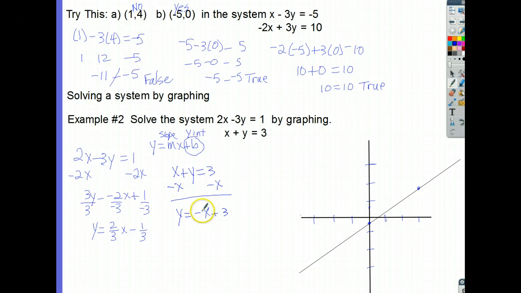Right now there's not a number, but it's a 1 if you don't see one. So negative x is negative 1x, and if we have to write it as a fraction, it's negative 1 over 1. Okay, let's graph this one. It crosses at positive 3, and we go down 1 and to the right 1. I'll do that a couple of times, and I'm going to draw my line.